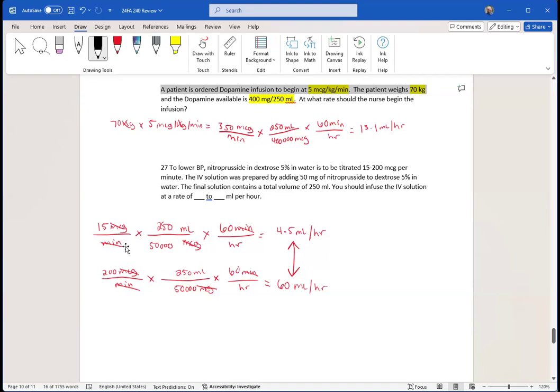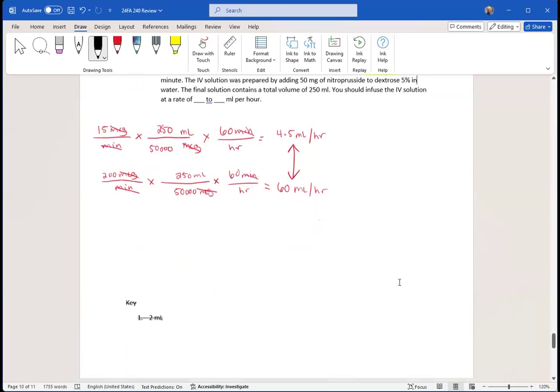We just treated it like a range, so you can see what you're evolving your flow rate to. You start at 4.5 and make your way up to 60 as your final answer. But that is just doing the workup here, which, like I said, you've seen before in 230 when you did your pediatric dosages.